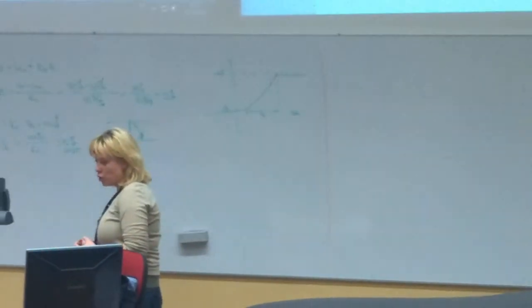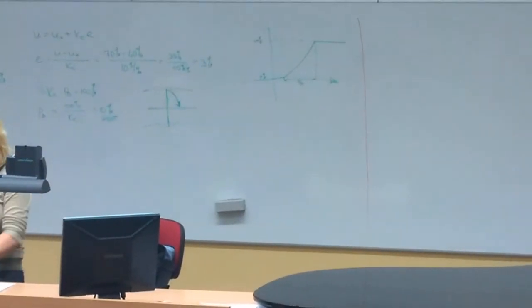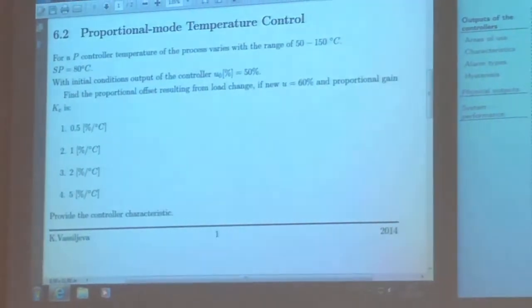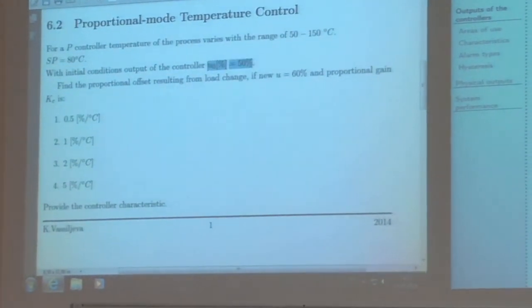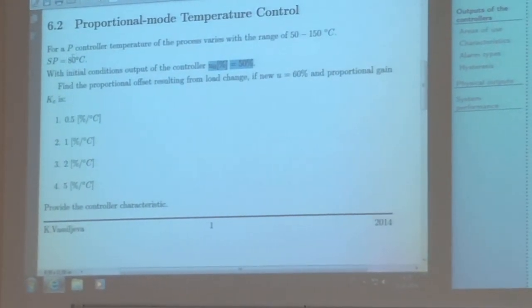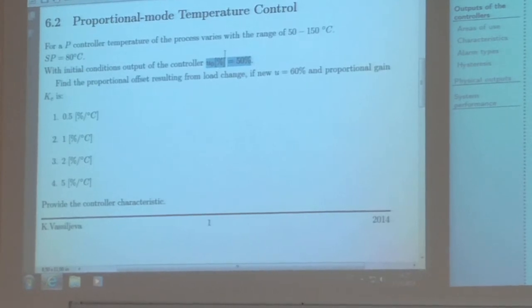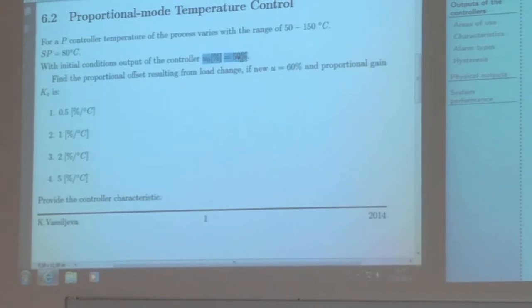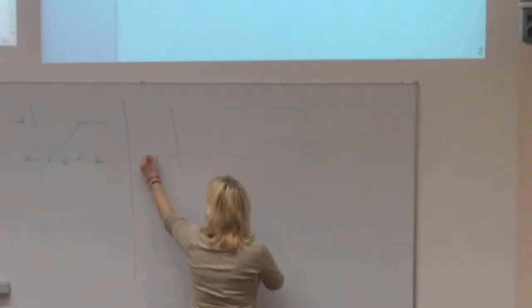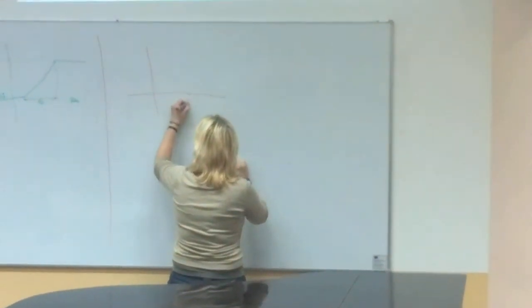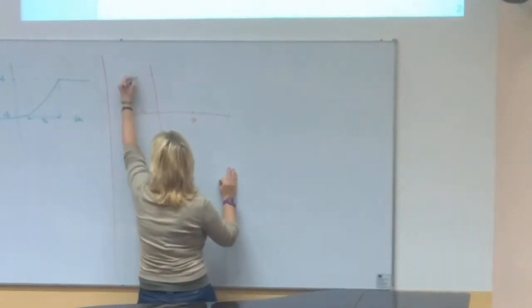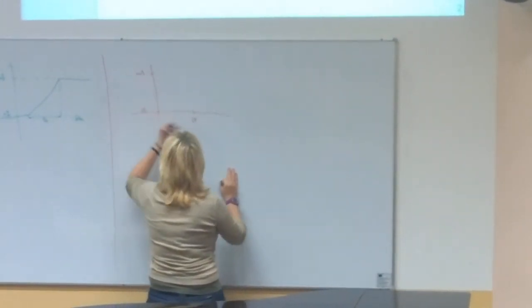With that situation, the first thing that should be mentioned is that we have so-called initial conditions. So at the beginning, our set point was 80 degrees, and we had the output of our controller not at 0, but already at 50%. So for that method, this is our set point, and this is the output of our controller from 0 to 100%.